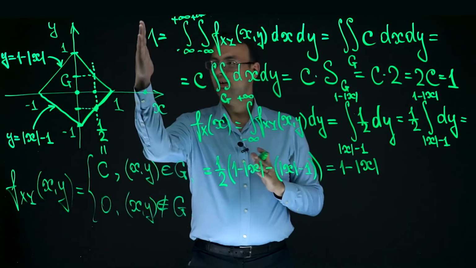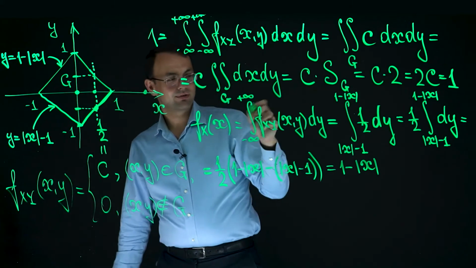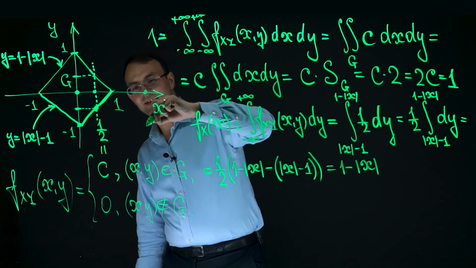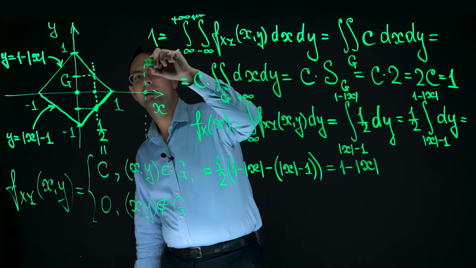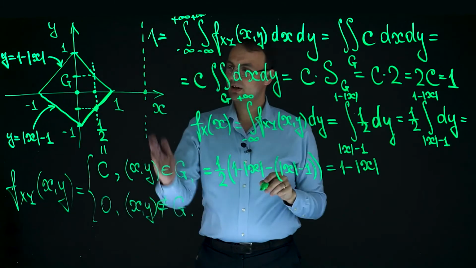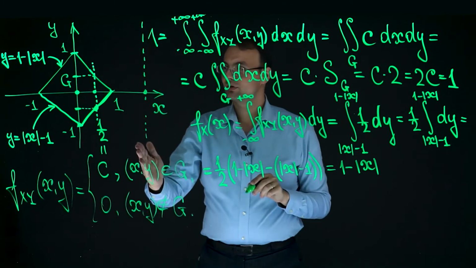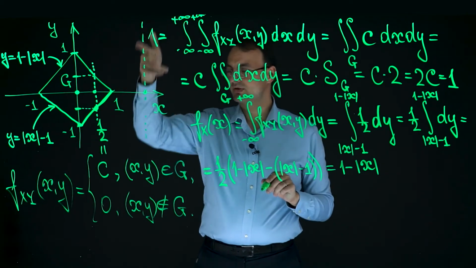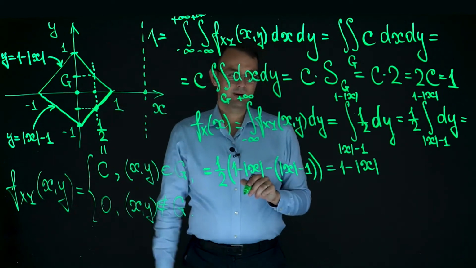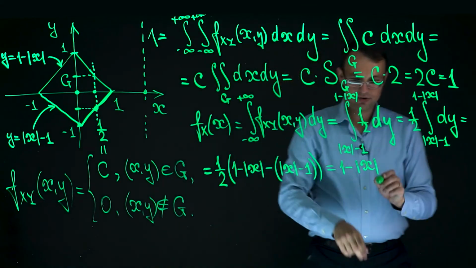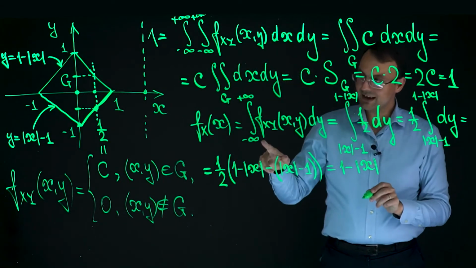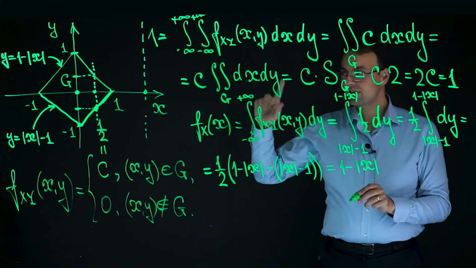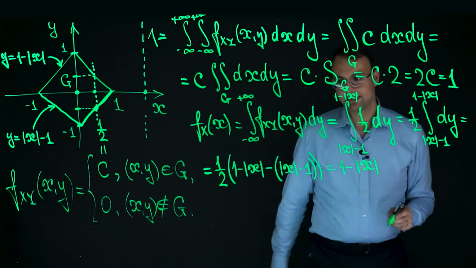So as if we integrate our joint PDF over y, and if we go along this line, here joint PDF is equal to 0. So it is equal to this expression only for x's that are from minus 1 to 1.